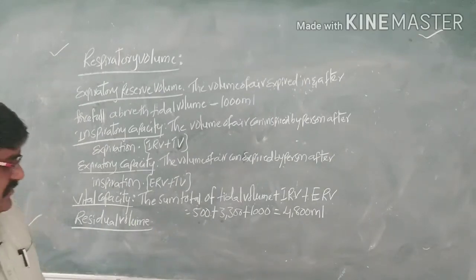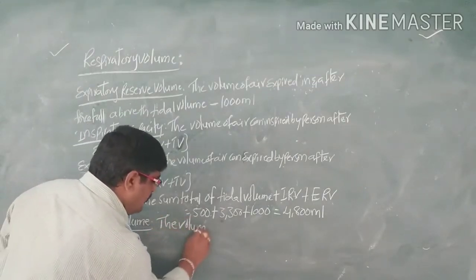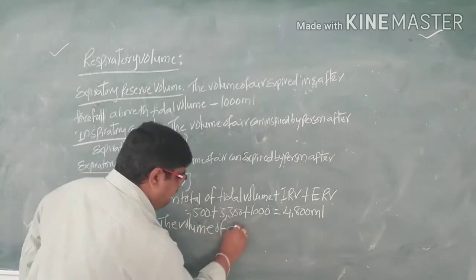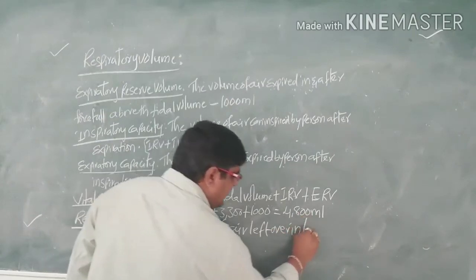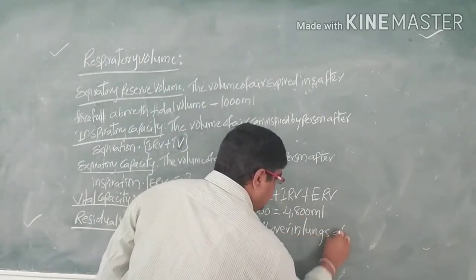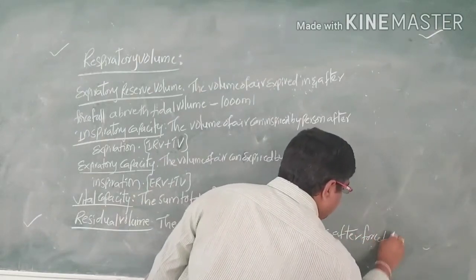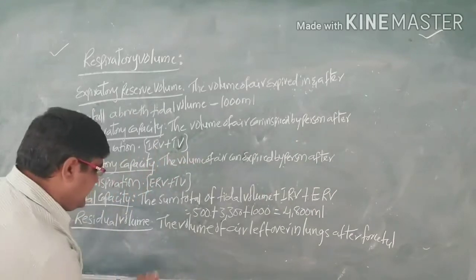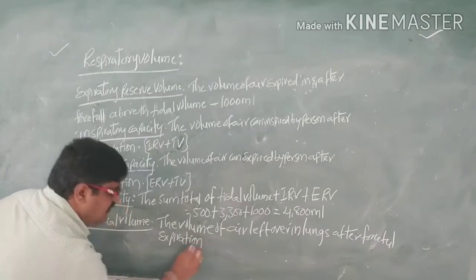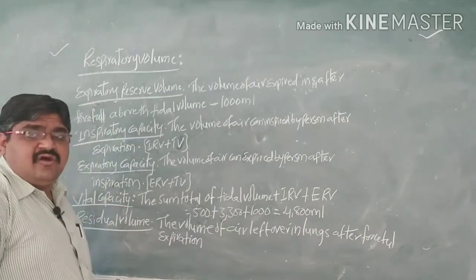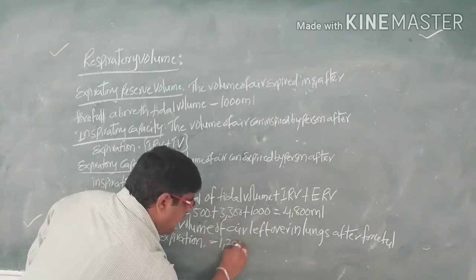After that, the volume of air left over in the lungs after forcible expiration is called the residual volume. So this residual volume will be 1,200 ml.